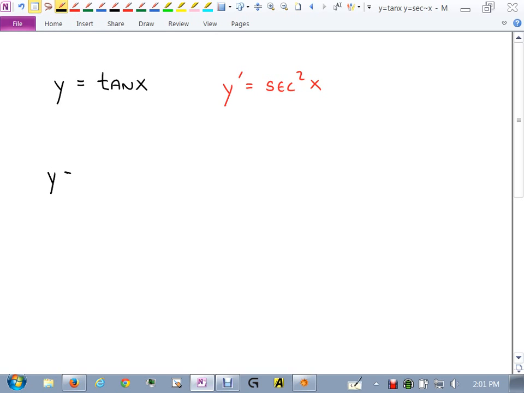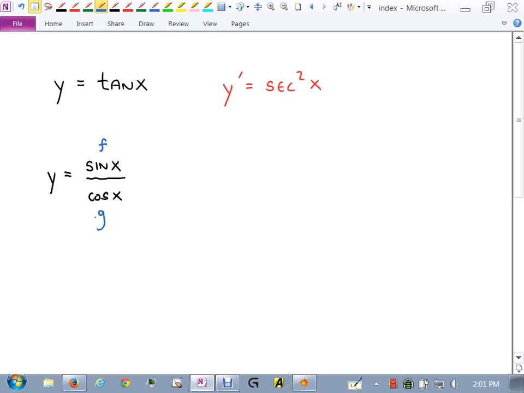Because tangent from pre-cal is really sine x divided by cosine x, isn't it? And I can look at the top one as f and the bottom one as g, couldn't I? And then I could apply the quotient rule.